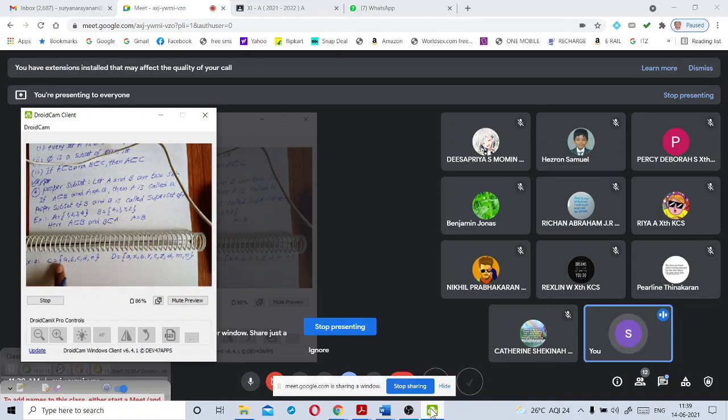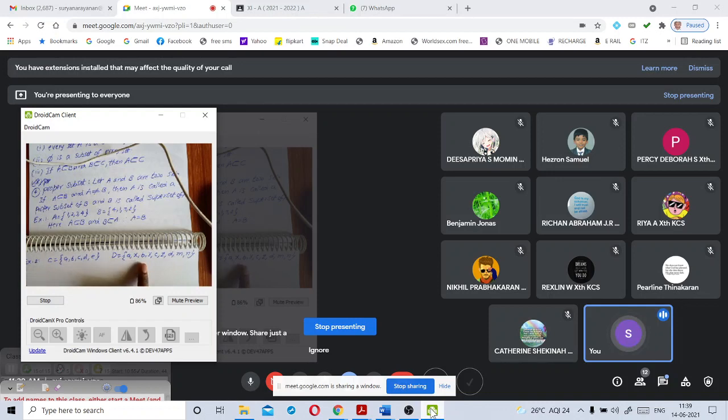Now, by observing these two sets, what do you say about them? Is set C a proper subset of D? No, sir. Is set C a subset of D? Yes, sir. Is set C a subset of D?